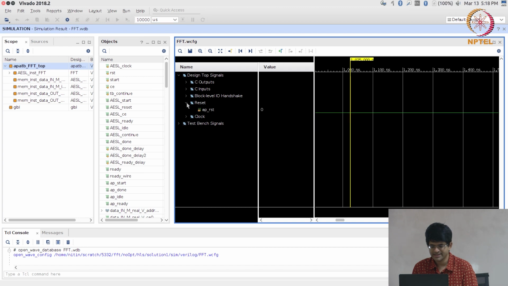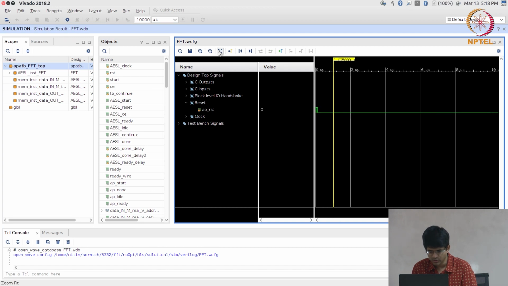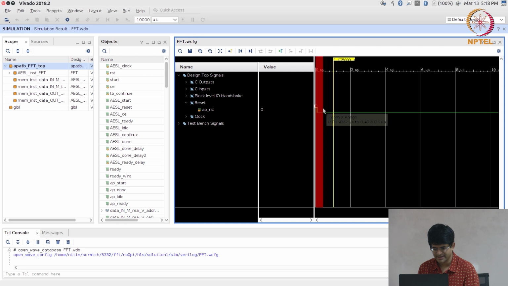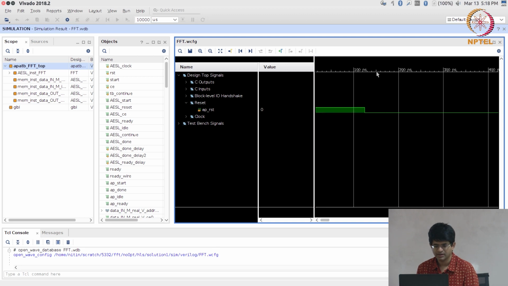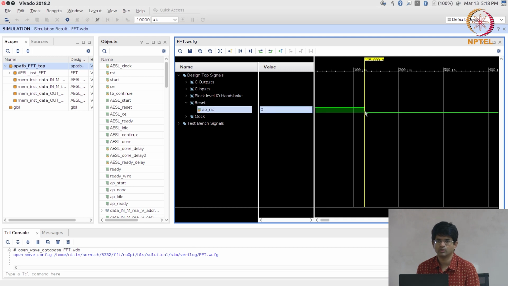What's it doing with the reset signal? Let's zoom out fully over here. You will see that there is just one tiny bit in the corner where the reset is equal to 1, right. So by the time you reach around 100, 120 nanoseconds, the reset has already gone high and then gone low.